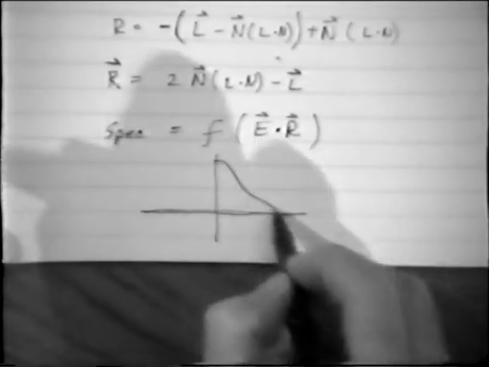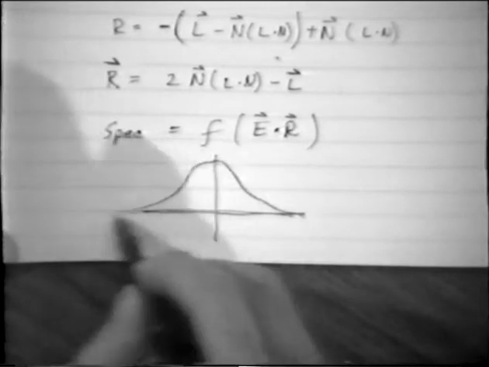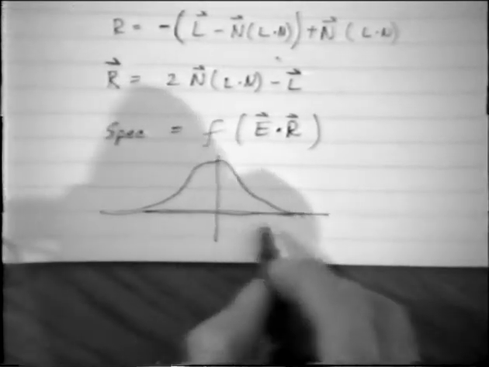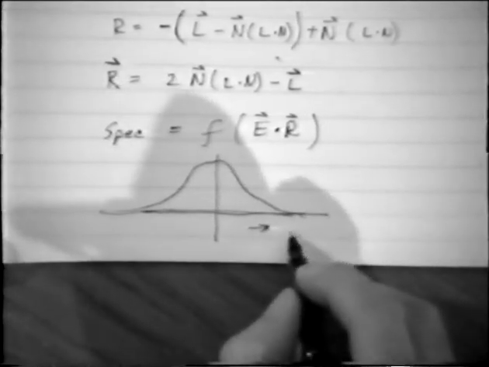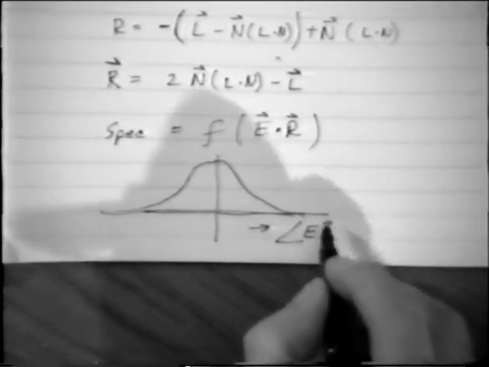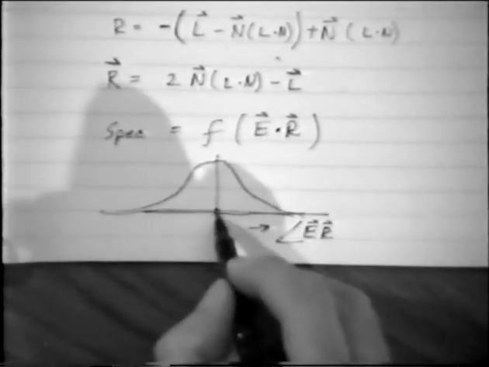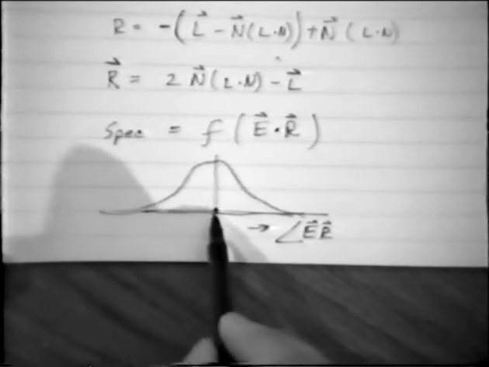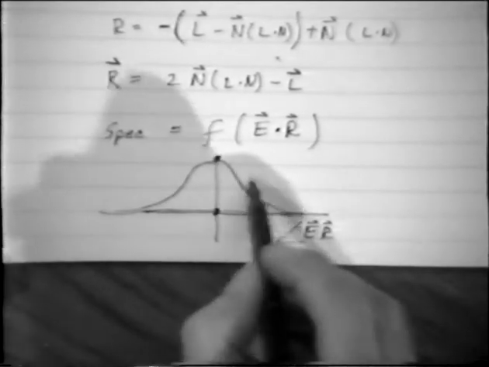That function we expect to look something like this. Be careful a little bit how I define it. It's going to be sort of bump shaped like this, and it's going to trail off as you get farther and farther away. Now this angle axis here is the angle between E and R. So when the angle is 0, if they're parallel to each other, that's here, and it's a maximum value.